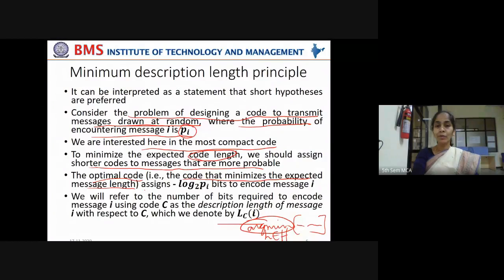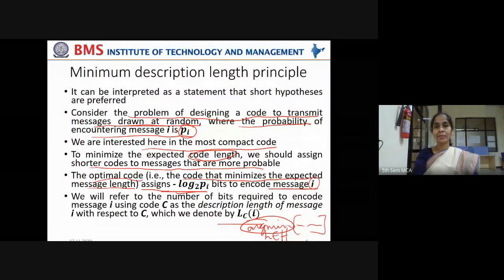Now the optimal code assigns minus log to the base 2 of p_i bits to encode the message i. Say there is a message i. Now, what is the probability of that message being encountered frequently? For that you are assigning it a negative log to the base 2.